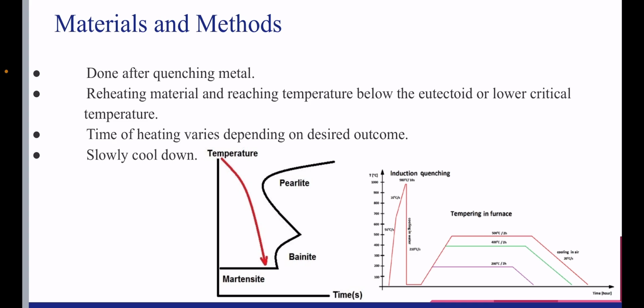The temperature, like I said before, is definitely going to determine how much hardness you remove from that metal. The higher the temperature, the more hardness is going to be removed. So definitely want to keep that in mind whenever we do this. And there are a lot of graphs and properties out there that we can look into depending on which metals we are working with.